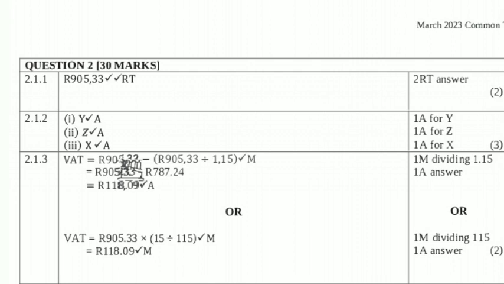Remember, guys, the reason we use 1,15, we said 115%, then you just say equals to on your calculator, then it will give you 1,15. That's what you use for calculation. So every time you try to find the VAT, whenever they say calculate the SUA monthly VAT amount charged, just remember, you use 115%.